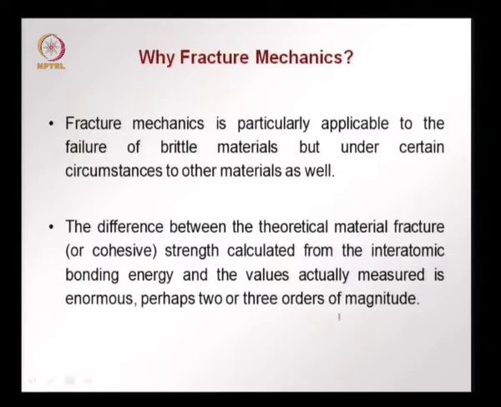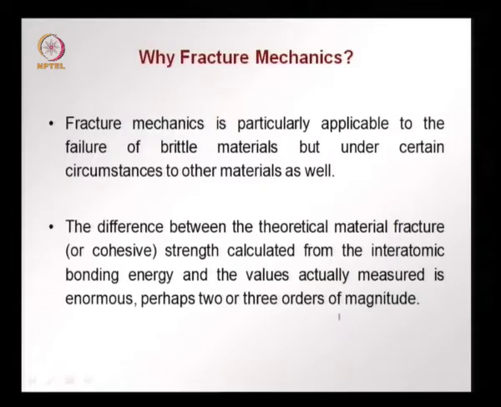Fracture mechanics also helps us understand why there is such a large difference between the theoretical material fracture strength that we can calculate from the bond energy. Remember, when we looked at the Condon-Morse diagram linking the energy with the interatomic distance, there was a bonding energy, and we could also see what happens to this bonding energy as the distance between the atoms changes.